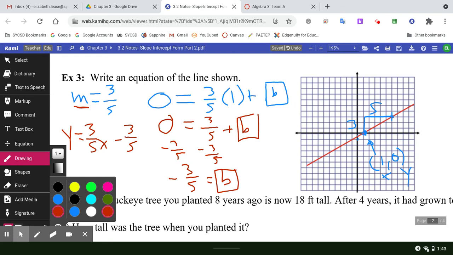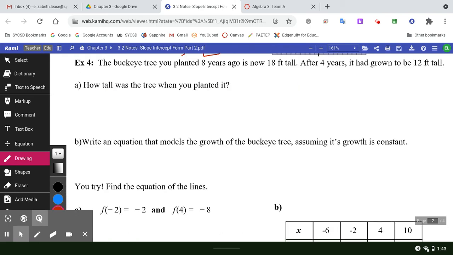In our last example, we are told the Buckeye tree you planted 8 years ago is now 18 feet tall. 4 years after you planted it, it had grown to be 12 feet tall. How tall was this tree when you planted it? Well, first we can identify at what rate the tree is growing.